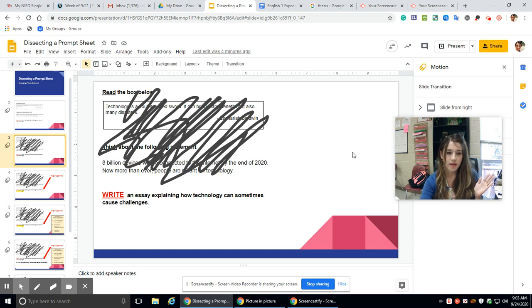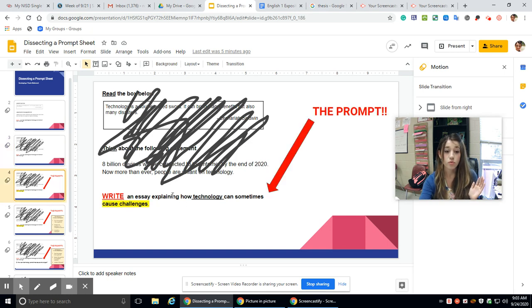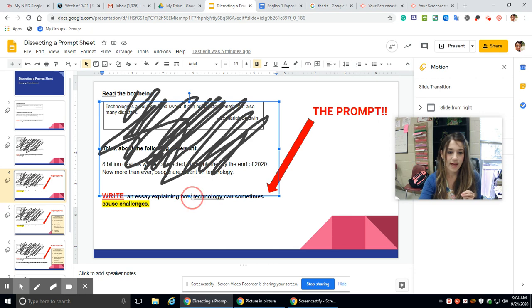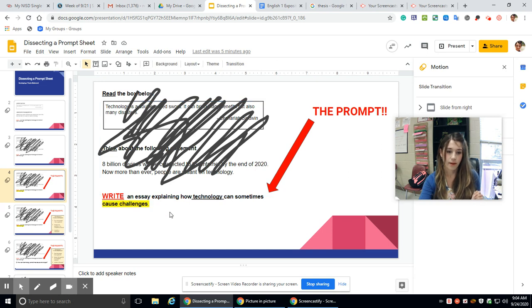I'm going to get rid of that, and we are going to actually just focus on this write part. This is the part, guys, that you are using to formulate your thesis about. It's really important that you understand that. This is what your thesis will be about. So let's make sure that we really understand the prompt. Again, it says, write an essay explaining how technology can cause challenges for us. How can it be problematic?